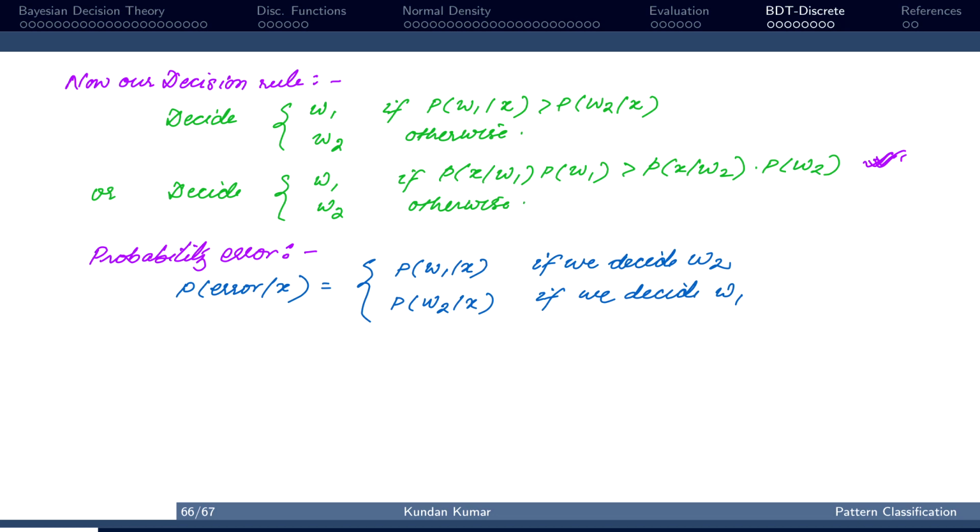So the Bayes decision rule minimizes this error, so we can write p of error given x equal to the minimum of these two posterior probabilities.